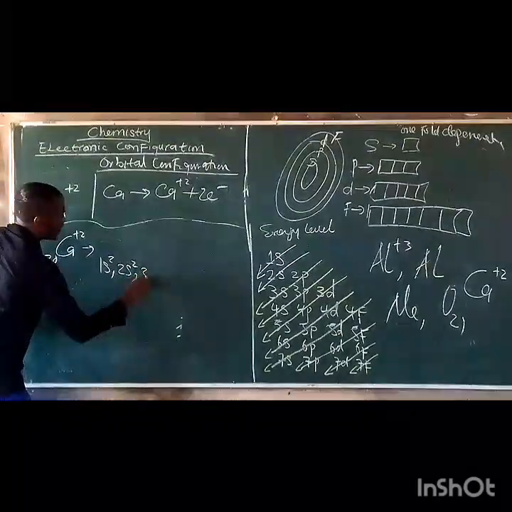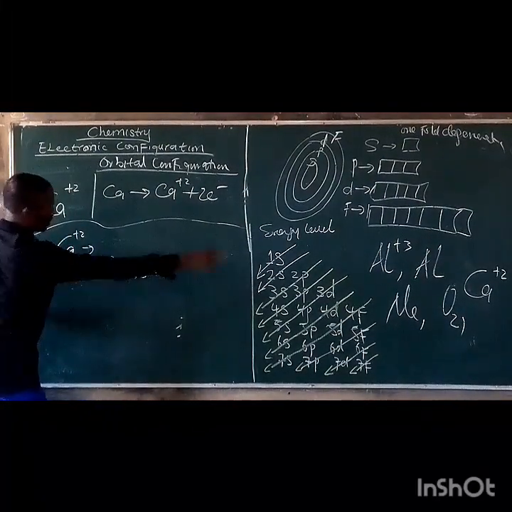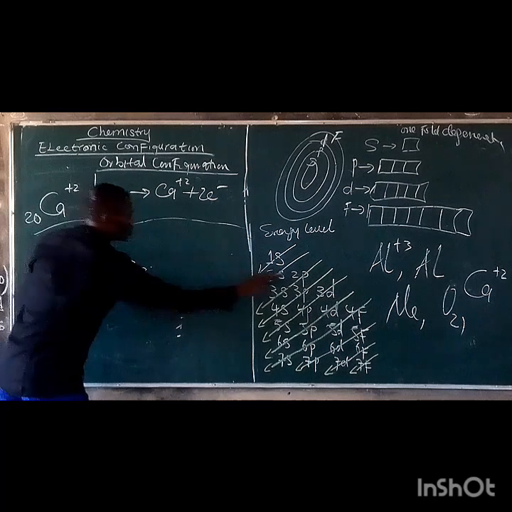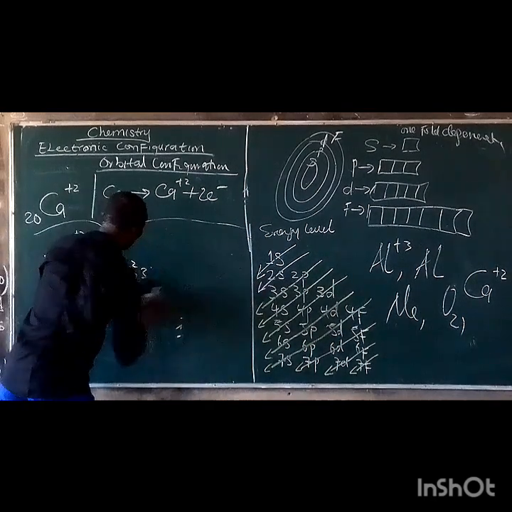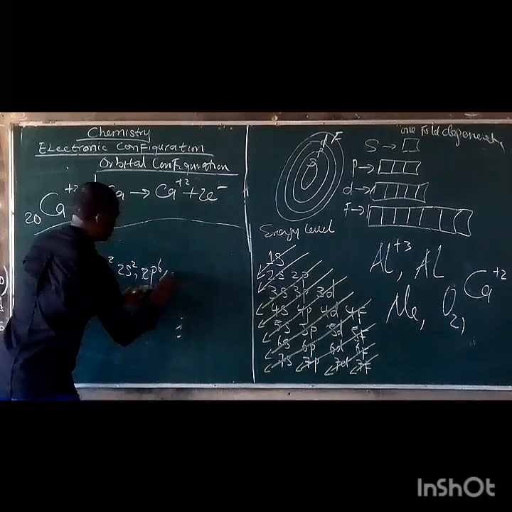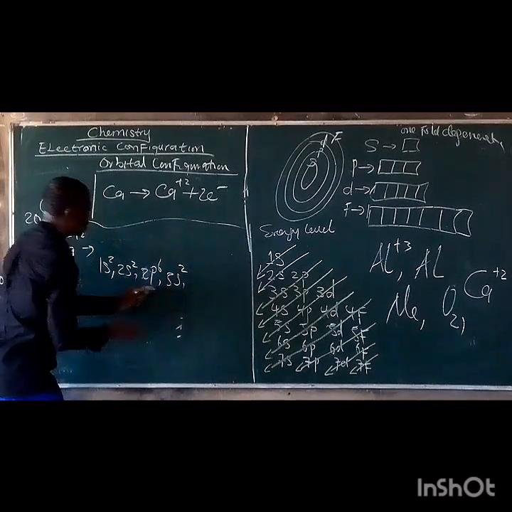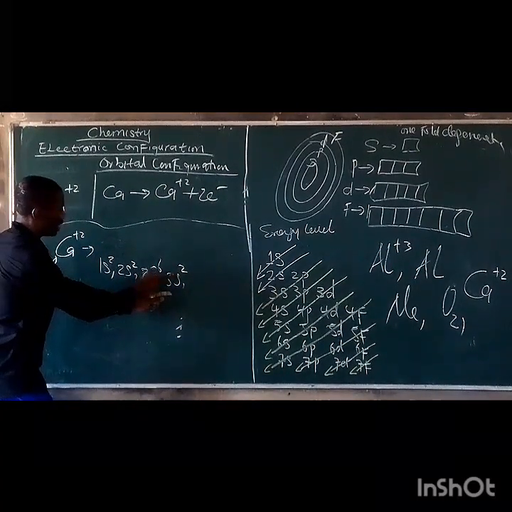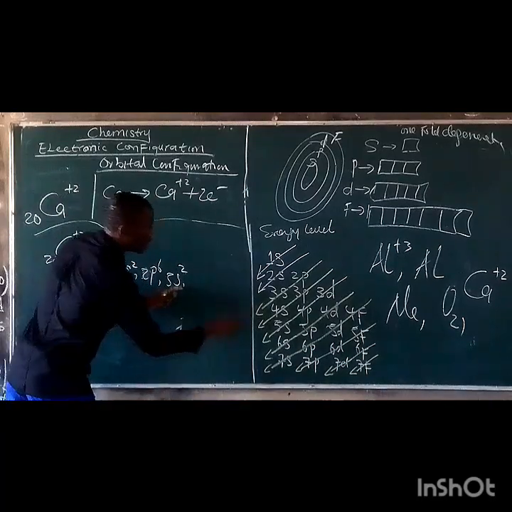So following that, we have 1s2, 2s2, 2p6, 3s2, which is up to 12. Then what's the next thing?